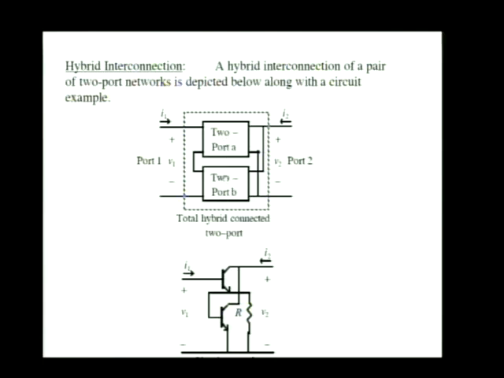And what do we mean by hybrid interconnection? Well, it's like a series interconnection at port 1, and it's like a shunt interconnection at port 2. That's the hybrid interconnection.